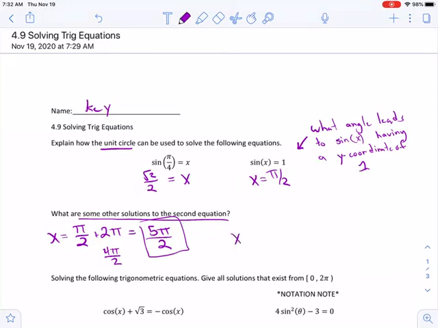Sometimes when we state the answer to above, we'll say something like pi over 2 plus k times 2 pi. And that takes care of all of the multiple rotations that we could have here. So k could be 5, and that would mean if I went forward 5 exact rotations, then I would have a solution as well.